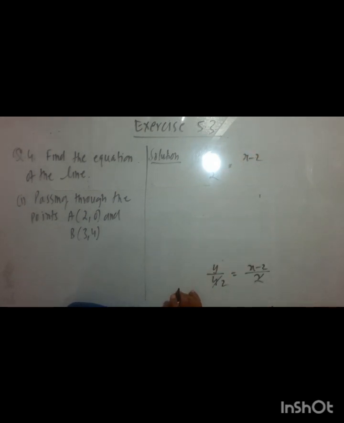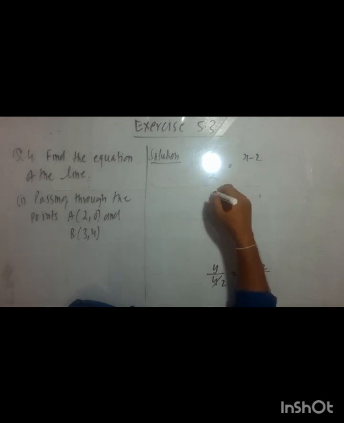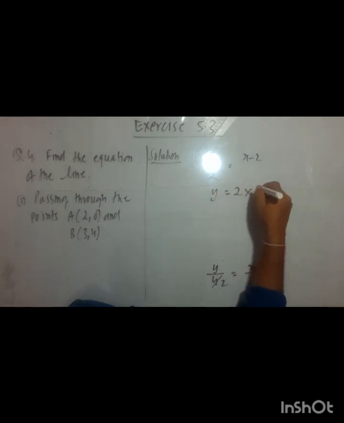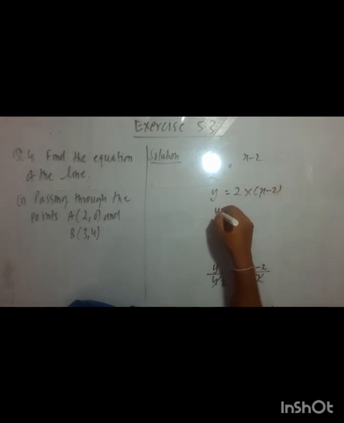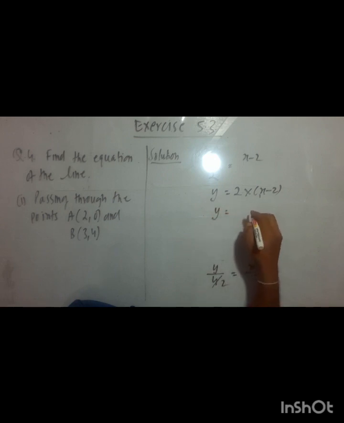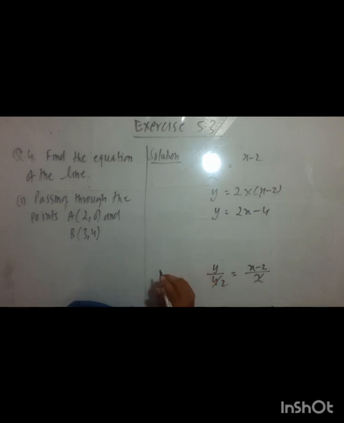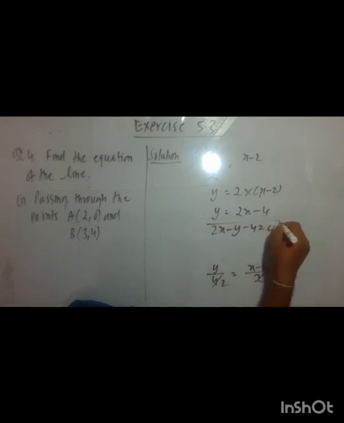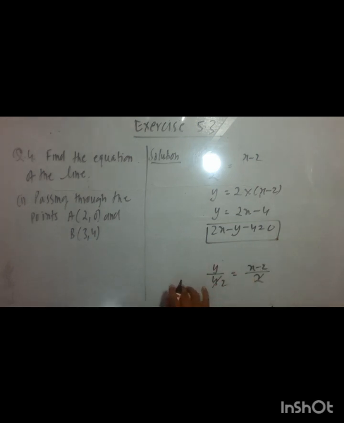So your final equation is y is equal to 2 into x minus 2, so y is equal to 2x minus 4. You take y this side, so it will be 2x minus y minus 4 is equal to 0. That will be the equation of the line passing through these 2 points.